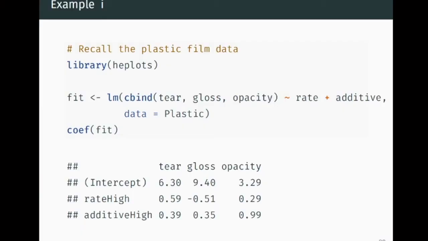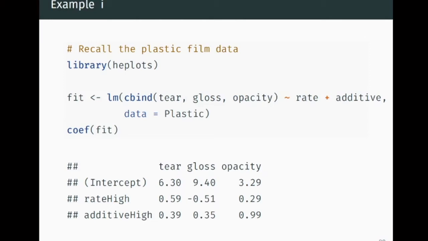And so let's look at an example. Since we motivated reduced rank regression through multivariate linear regression, I thought we could reuse the same data set. Recall the plastic film data, where we have 3 outcome variables, tear, gloss, and opacity.